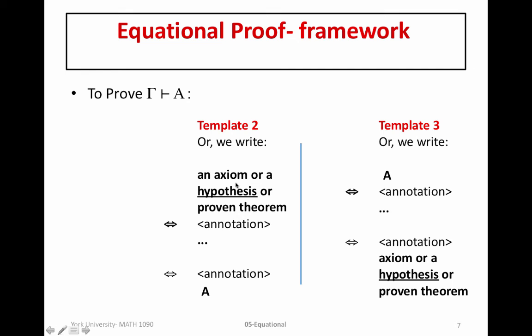We establish that the hypothesis, for example, is equivalent to something else, and we establish a series of equivalences until we arrive at A, and this is a valid equational style proof that gamma proves A. Or we can start with A and show that it's equivalent to an axiom, hypothesis or proven theorem. The only difference here is that we can use the hypotheses that we have, assuming that gamma is non-empty.